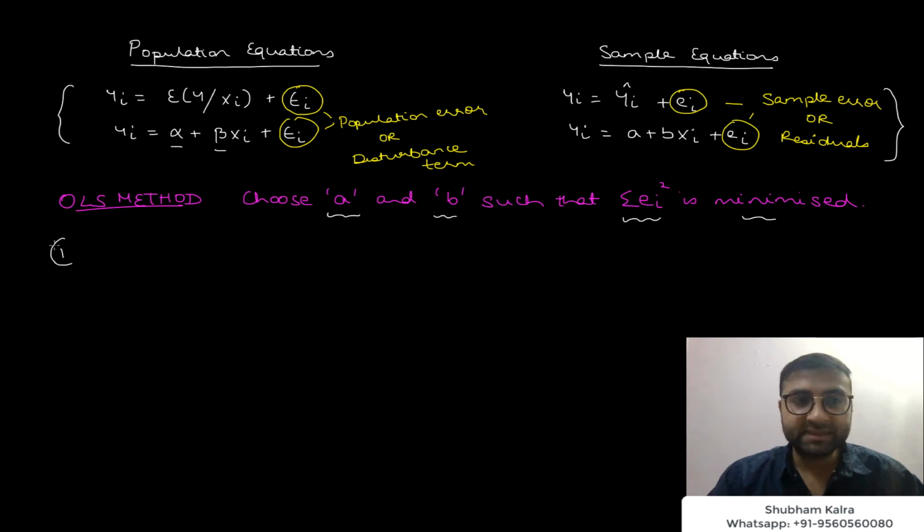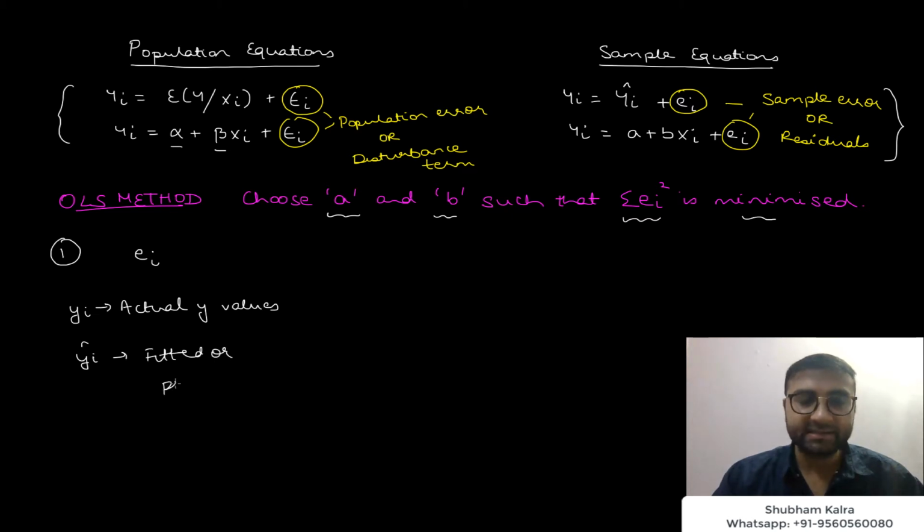The first thing is the expression that we have for EI. We have YI, which tells us the actual Y values. YI are the actual Y values, and YI hat are fitted, or you can say predicted, Y values. Over here I have written capital letters, but that doesn't make a difference.